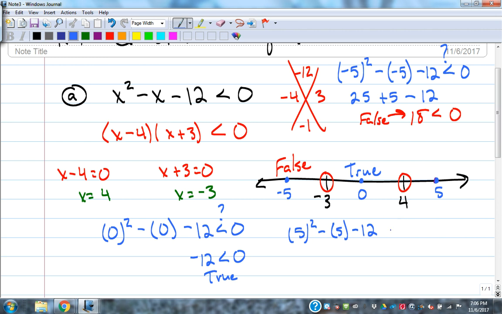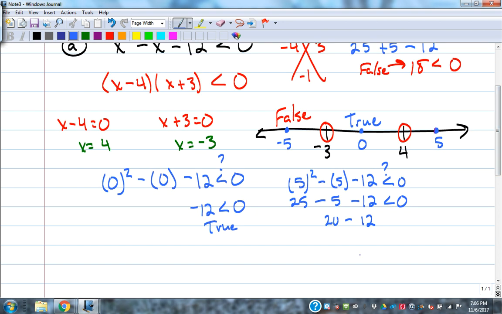Is that less than 0? 25 minus 5 is 20. 20 minus 12 is 8. Is 8 less than 0? No, that's false. So your solution set is only the numbers between -3 and 4.